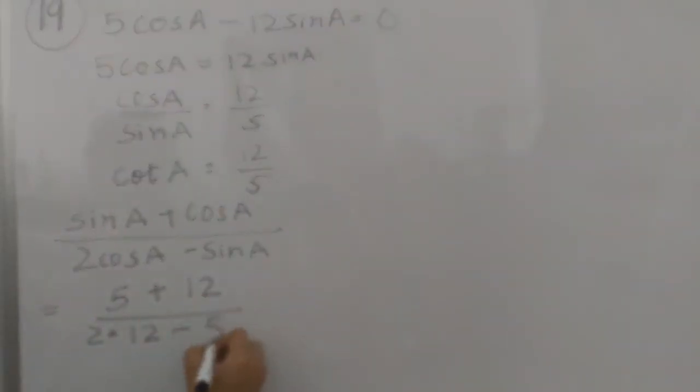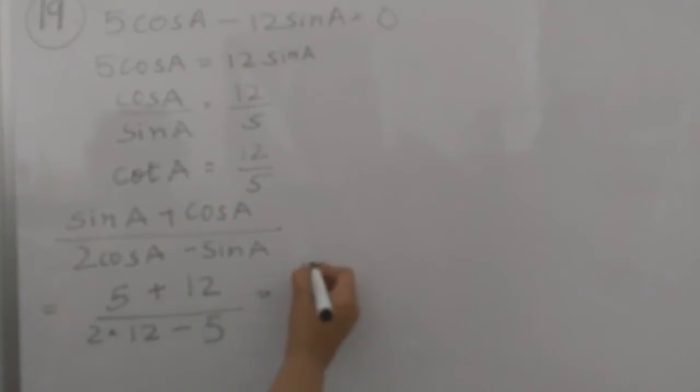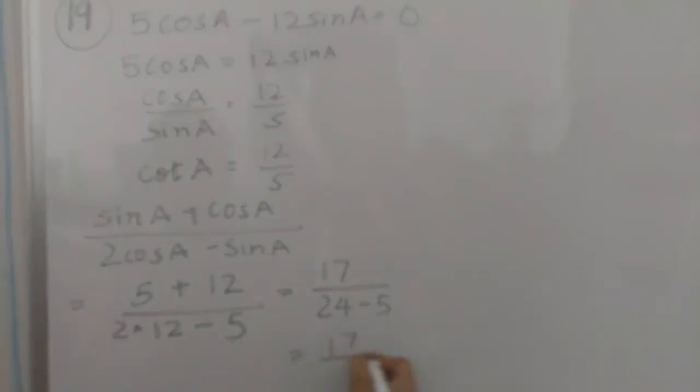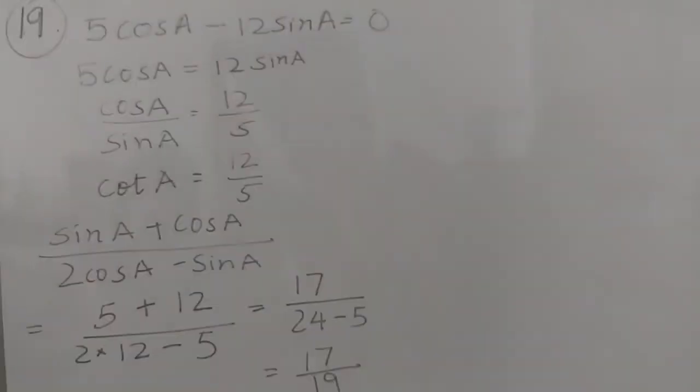So I write here 5. 12 plus 5, 17 upon 12 twos are 24 minus 5. So by solving it, we get 17 in the numerator and this is 19. So we get our last question answer 17 upon 19.